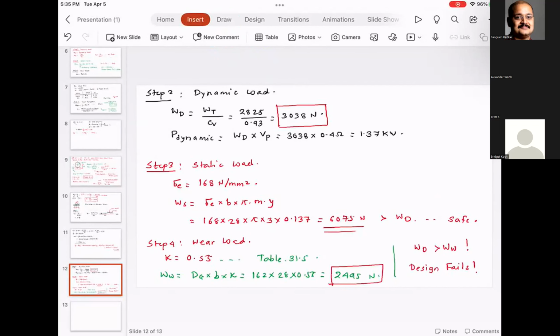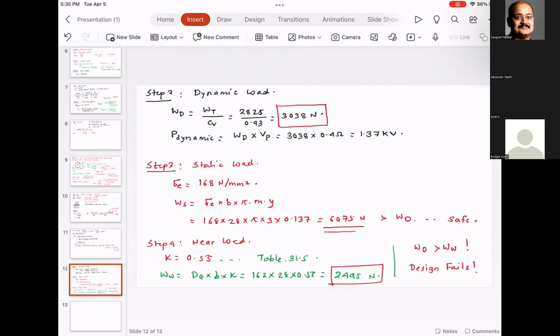So before I discuss the options in front of us, I just want you to make sure you understand the wear load is less than the dynamic load. However, this dynamic load was found from the dimensions of the gear.